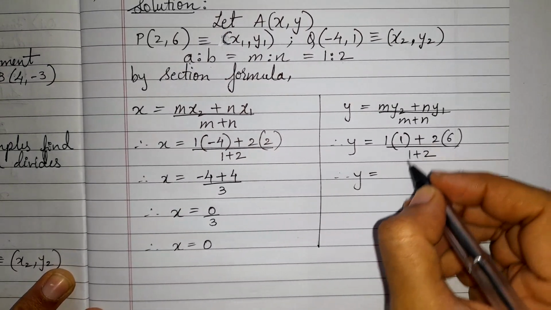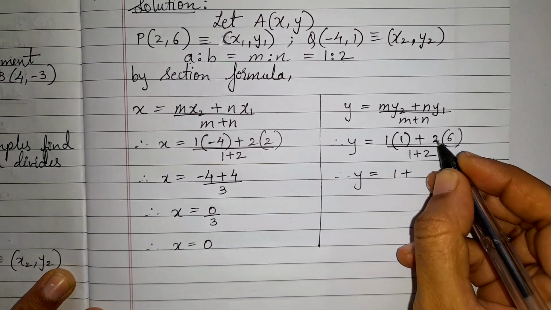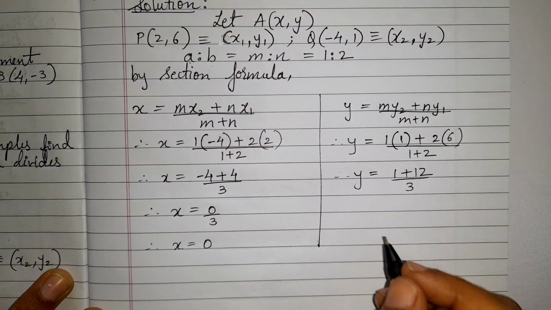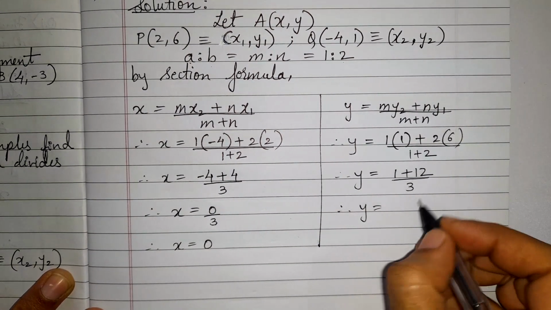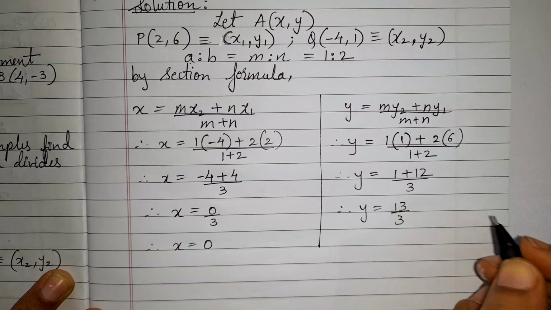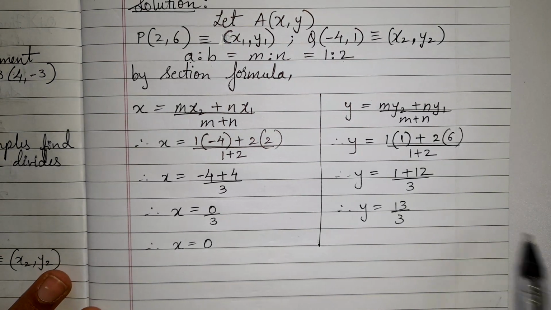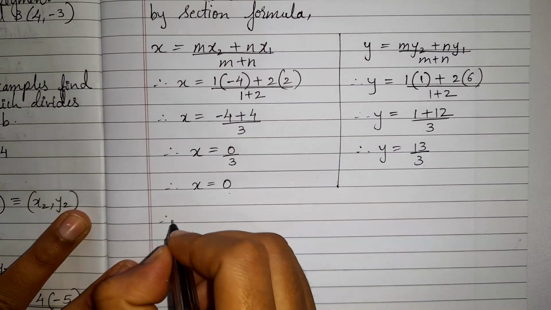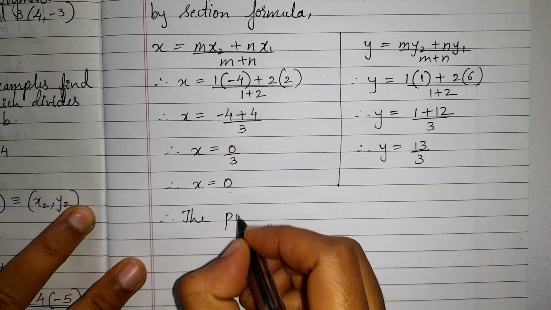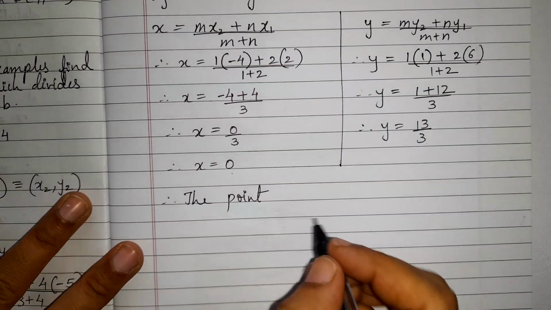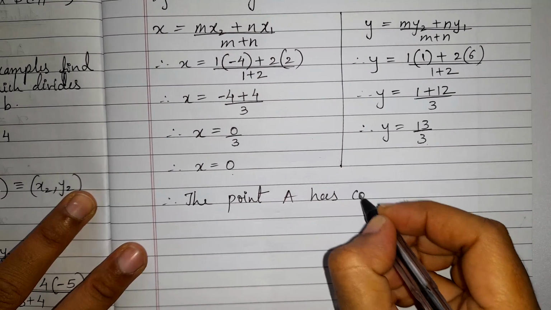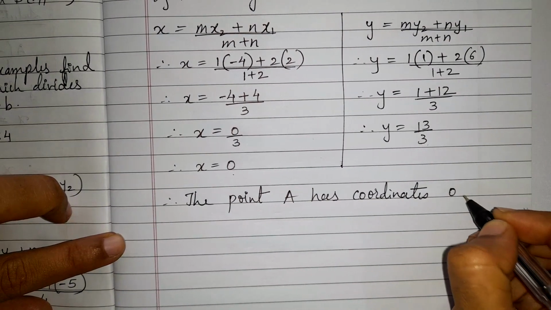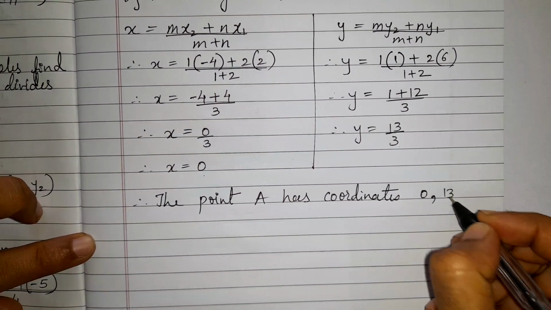Therefore y equals to 1 plus 2 6s are 12 by 3. Therefore y equals to 1 plus 12 is 13 by 3. X value we got 0 and y value is 13 by 3. Therefore the point A has coordinates (0, 13 by 3).